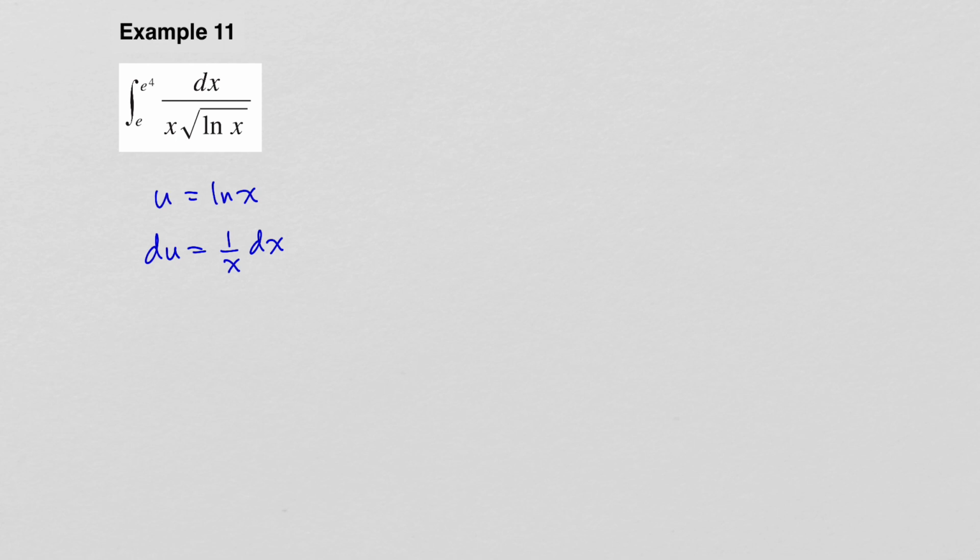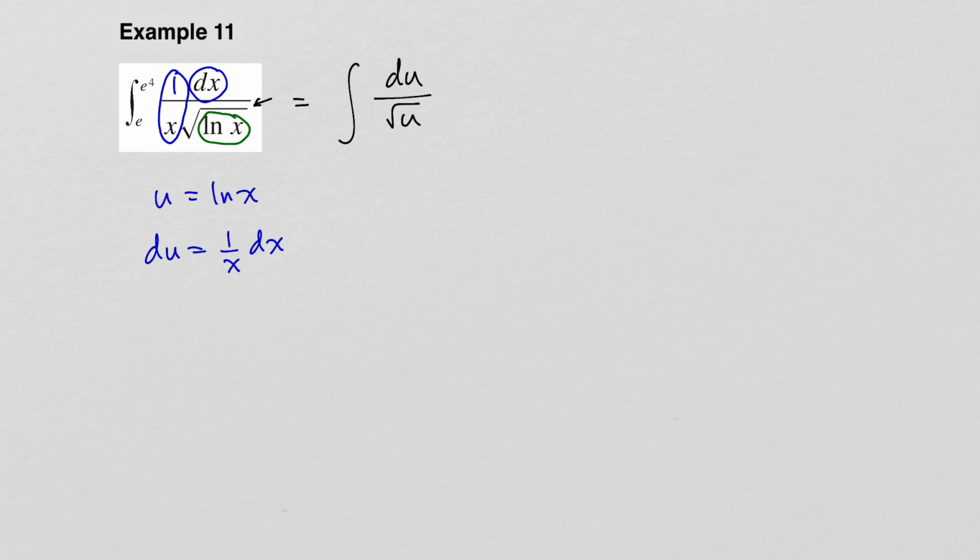And this is really nice because we have 1 over x right there times dx. And then we have the natural log in here, which is going to be our u. So this is literally just the integral of du over, and then don't forget your square root there. So that's the square root of u.